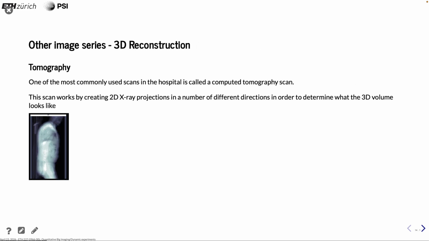Another type of 3D data actually comes from tomography, where we have to do a transform from the acquisition space, where you do projections around the object, and they are then reconstructed into a 3D volume. That's a little bit different, it's not really a time series, even though you can do time series with tomography.